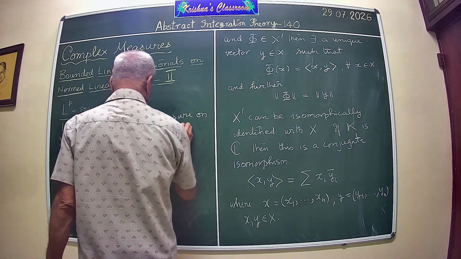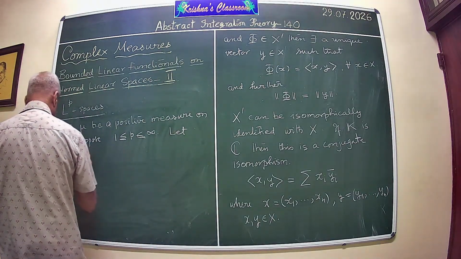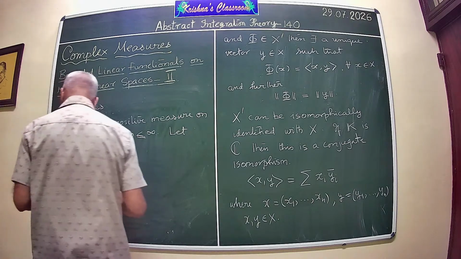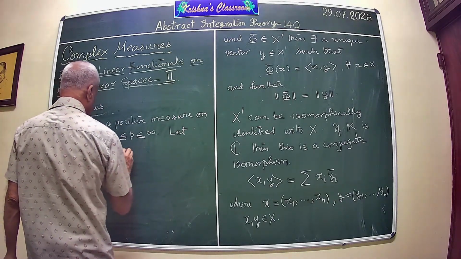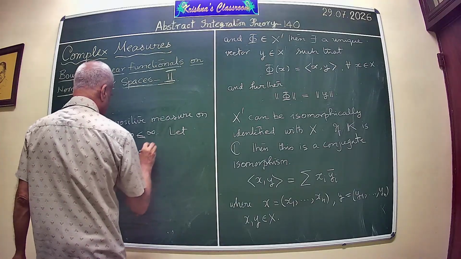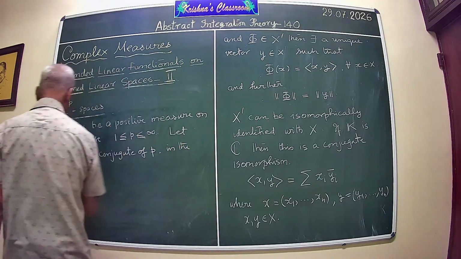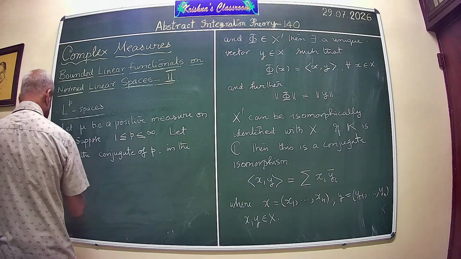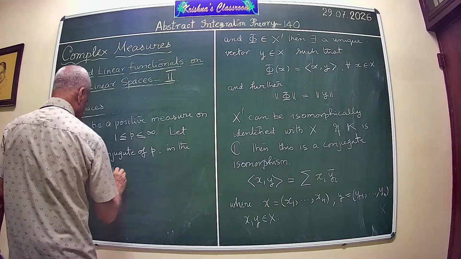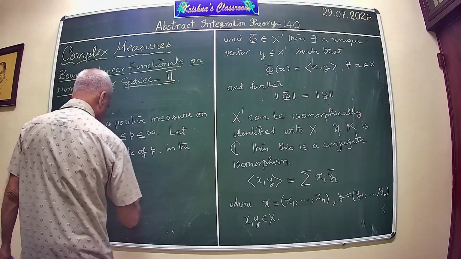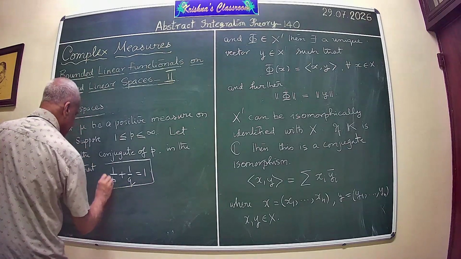Let q be the conjugate of p in the sense that 1/p plus 1/q equal to 1. So this is a very crucial relationship.